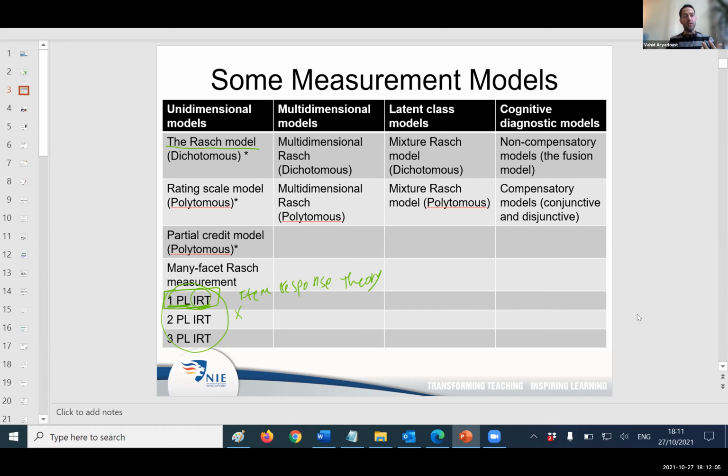What is the specific feature of the Rasch model? It's only applicable to dichotomous data. By dichotomous data, I mean the sort of data that has scores like 0 and 1, for example multiple choice questions or anything scored as 0 and 1. But this model itself is not applicable to rating scales like Likert scales.